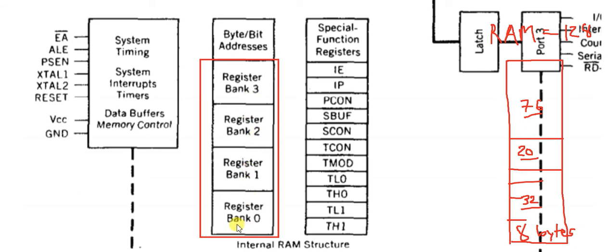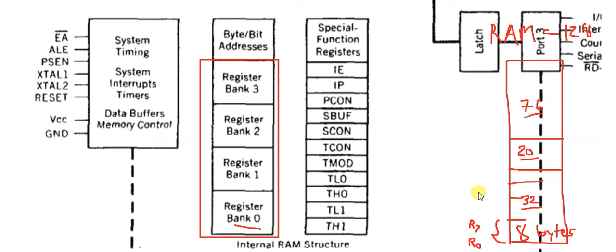Each bank contains 8 bytes. In a register bank it occupies 8 bytes, and each register has the name R0, R1, R2, R3 up to R7.